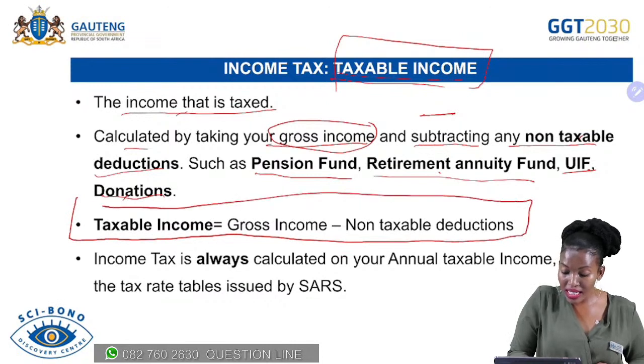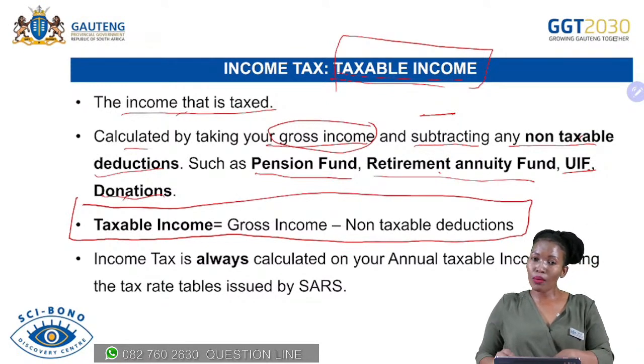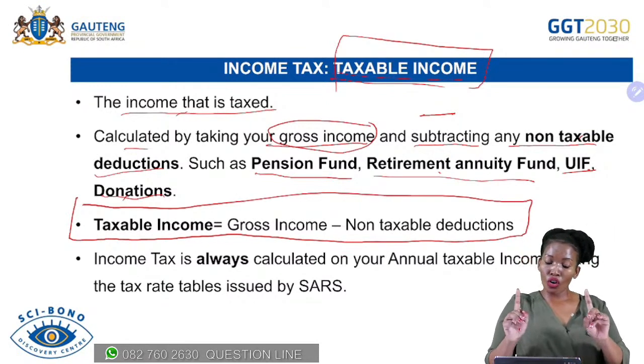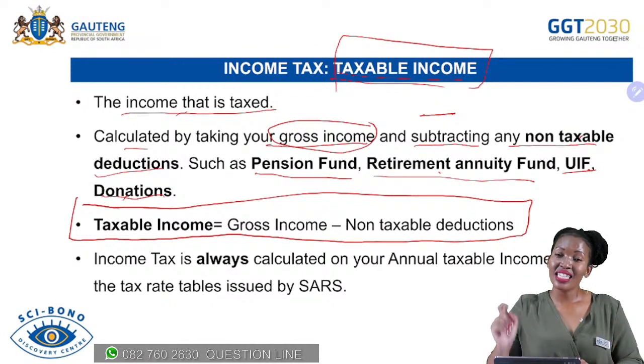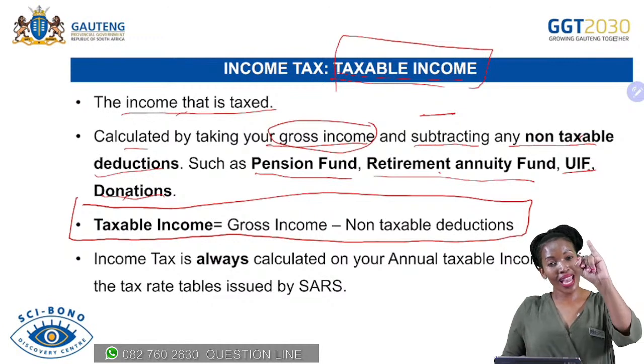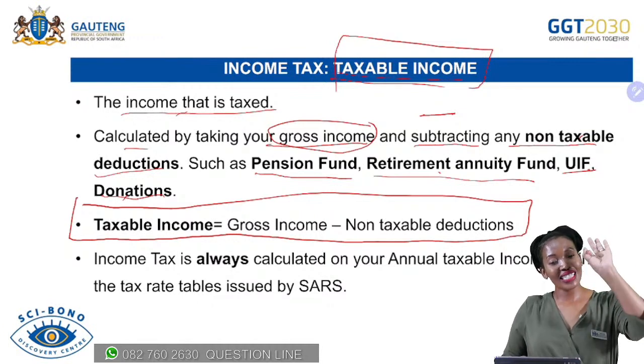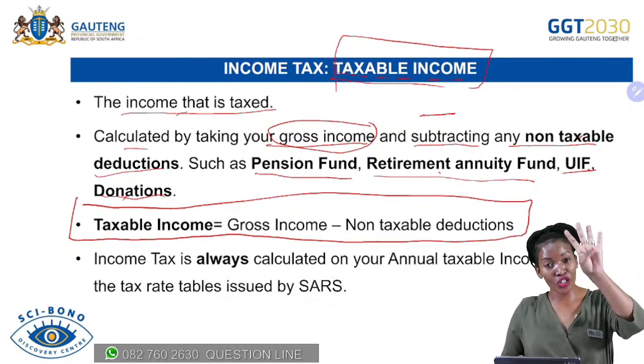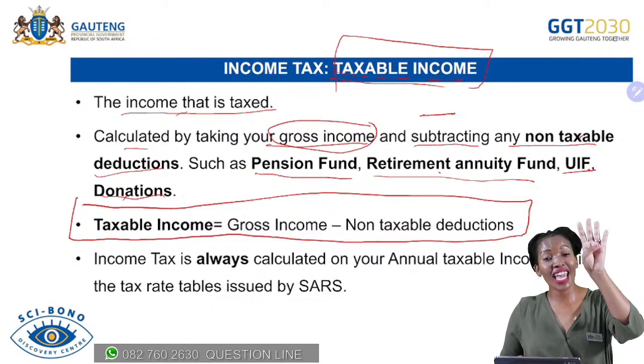Your taxable income is equal to your gross income minus non-taxable deductions. Non-taxable deductions are UIF, pension fund, retirement annuity fund, and donations; we do not tax them.